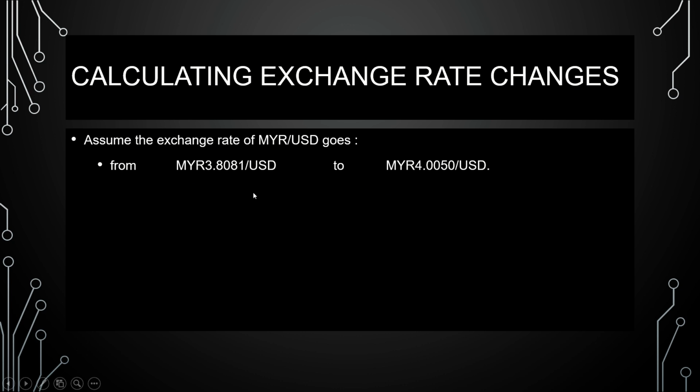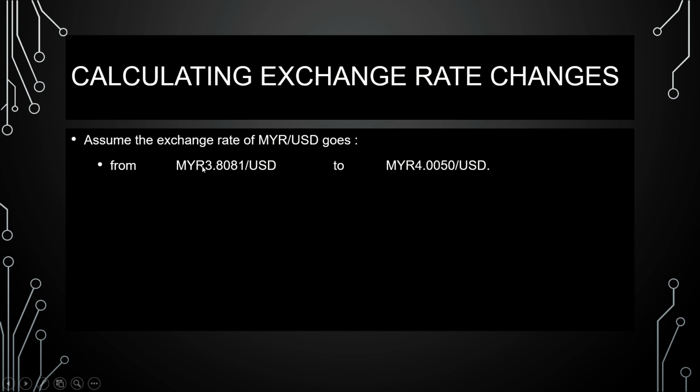Previously, to buy 1 USD, you just had to pay 3.8081 ringgit, but now you have to pay 4.0050 ringgit. Or, previously, if you converted 1 USD into ringgit, you would get 3.8081, but today you get more, which is 4.0050.